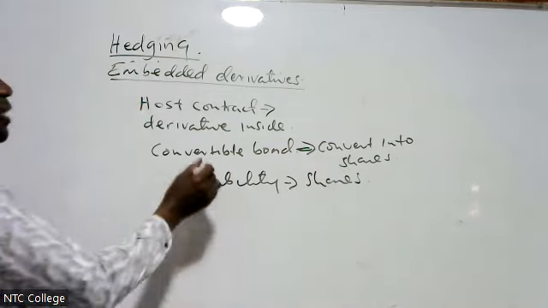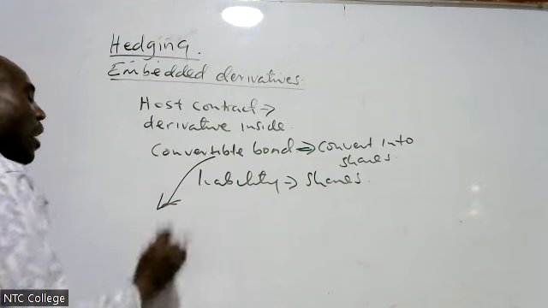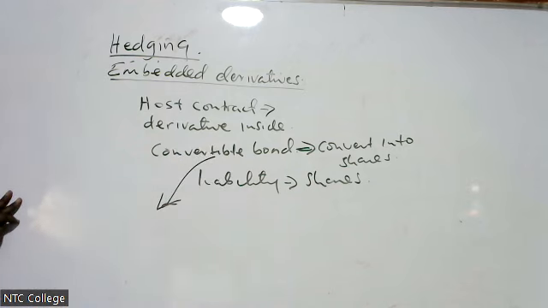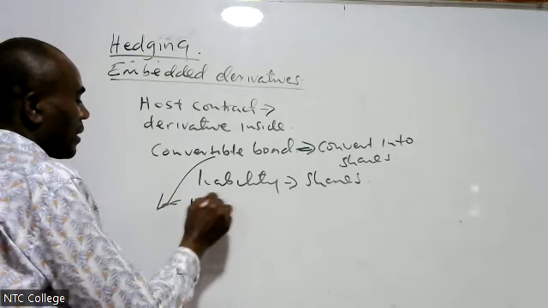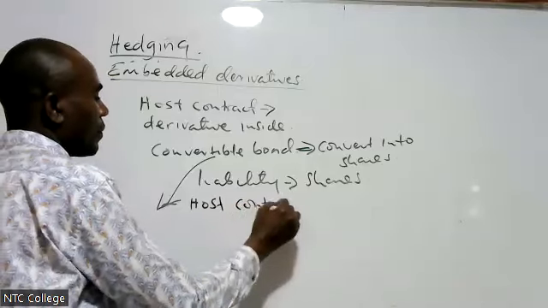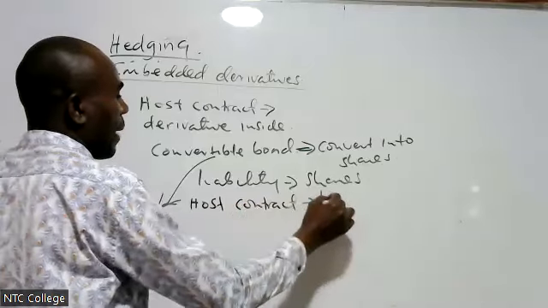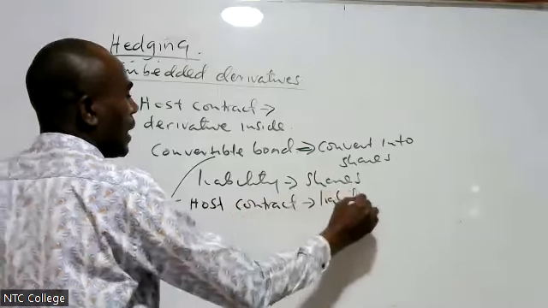Therefore, from the beginning of this instrument, according to IFRS 9, it has two components. It has the host contract, which is a liability. A bond is a liability, I believe you understand.